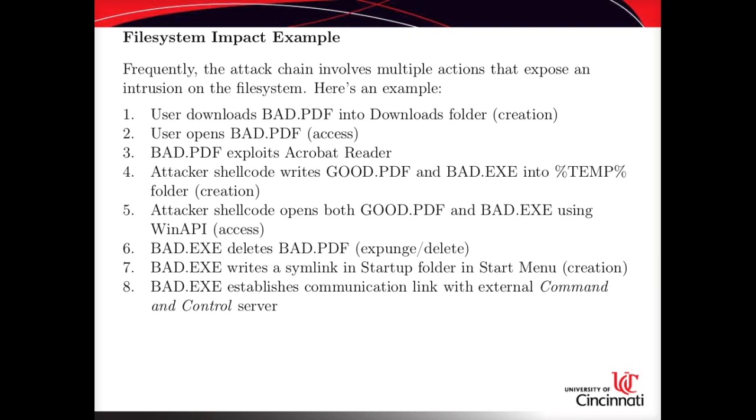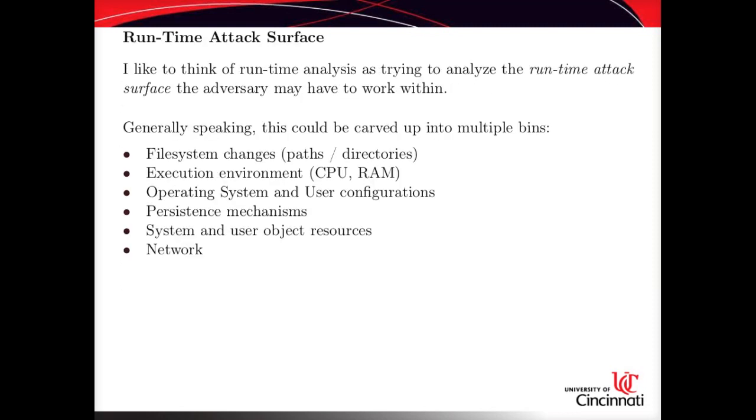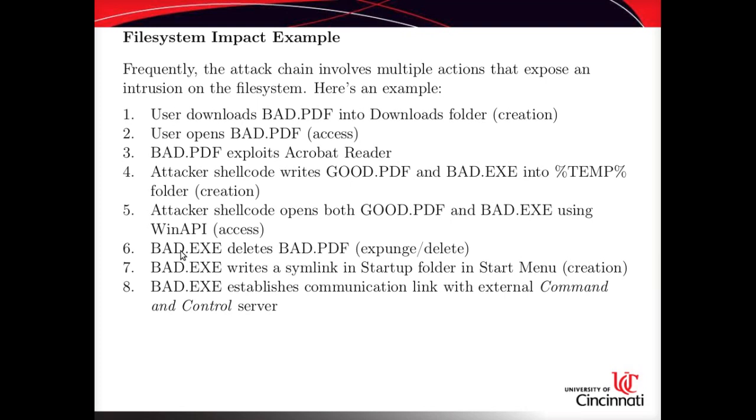So what I did was I put together a sequence of steps that comprises an attack, and I'm going to try and map it to each one of these domains. In this case, the file system impact.